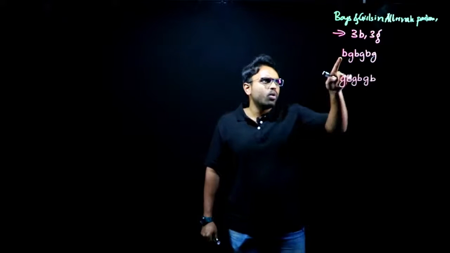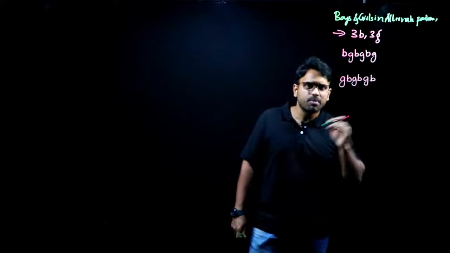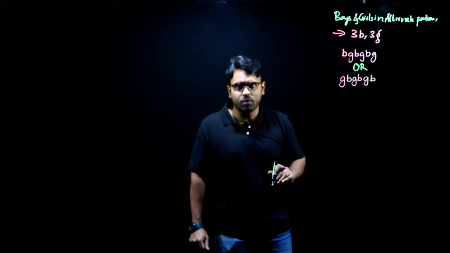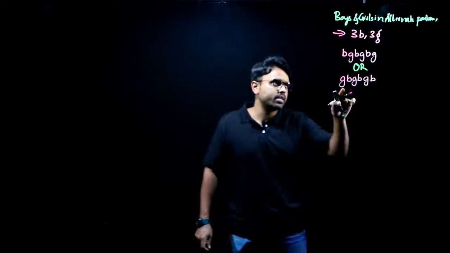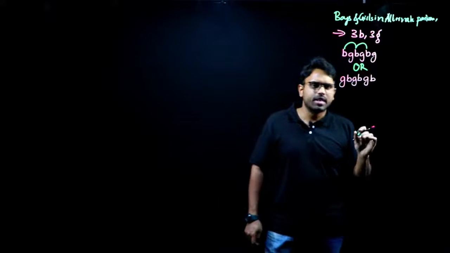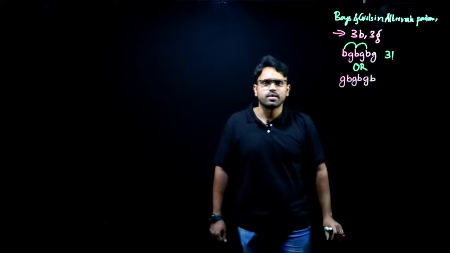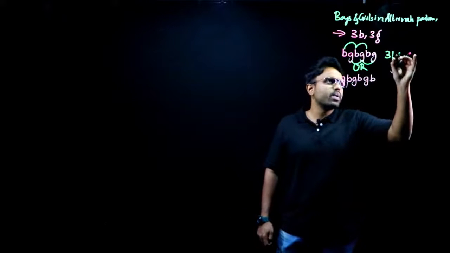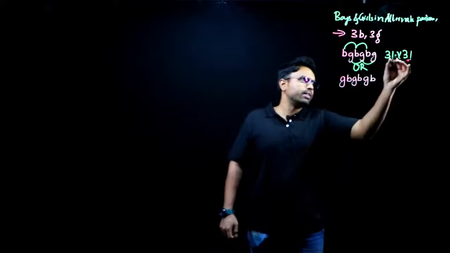So what did I do? I can either start with a boy in the first place, or I can start with a girl in the first place. Now, these 3 boys, boy 1, boy 2, boy 3, can be rearranged among themselves in how many different ways? 3 factorial ways. And these 3 girls can be rearranged among themselves in how many different ways? 3 factorial ways. 3 factorial into 3 factorial.